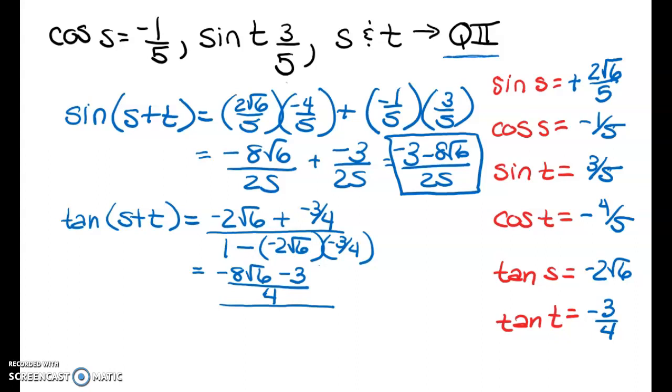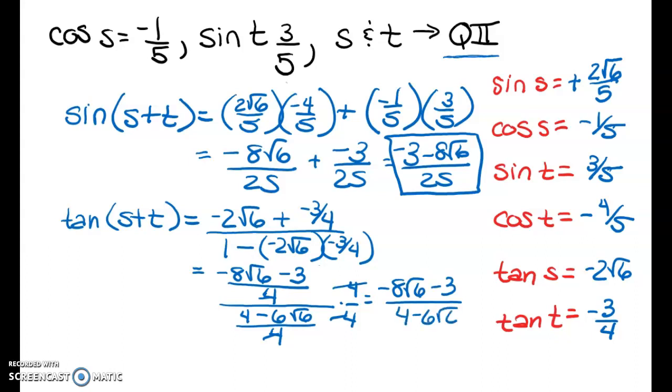So this is going to be 4 minus, let's see, 6 radical 6 over 4. So when we multiply by 4 over 4, our denominators are going to reduce. And we're going to be left with negative 8 radical 6 minus 3 over 4 minus 6 radical 6.